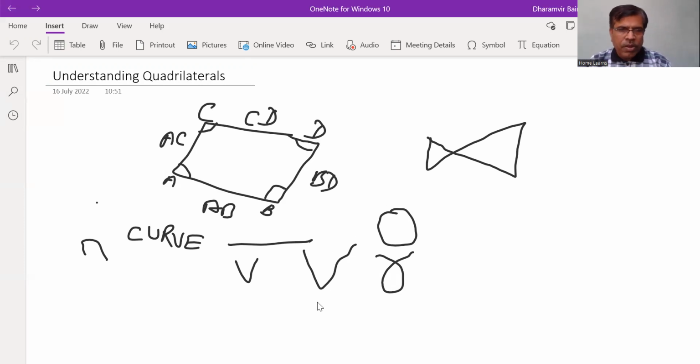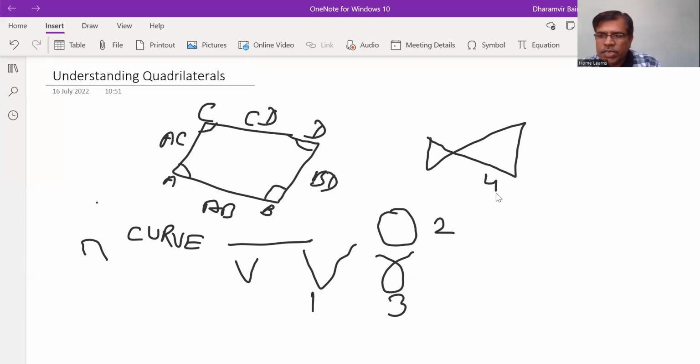So this is figure 1, this is figure 2, this is figure 3, this is figure 4. So what do we know about these figures? A curve which doesn't cross itself is a simple curve.